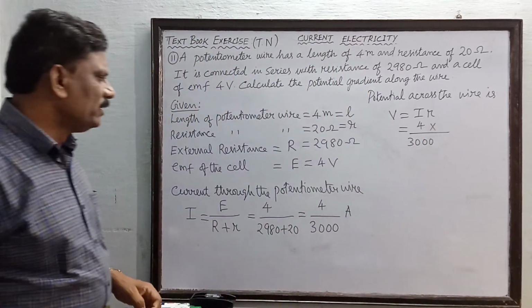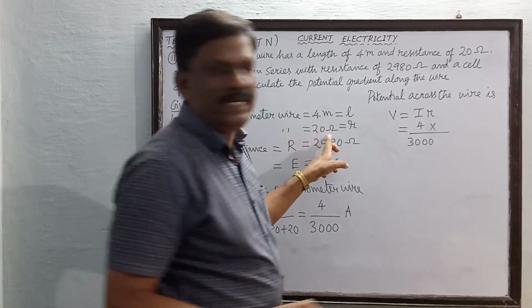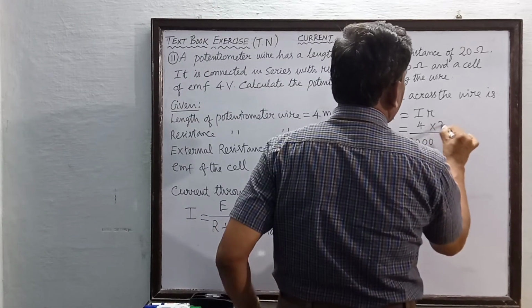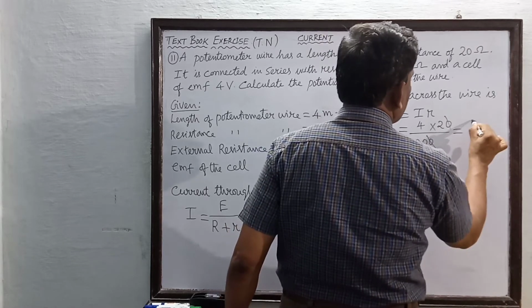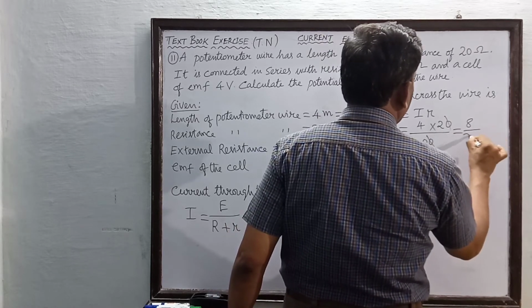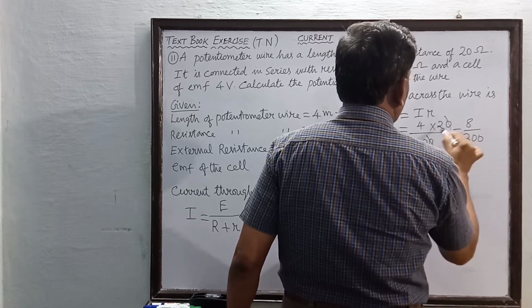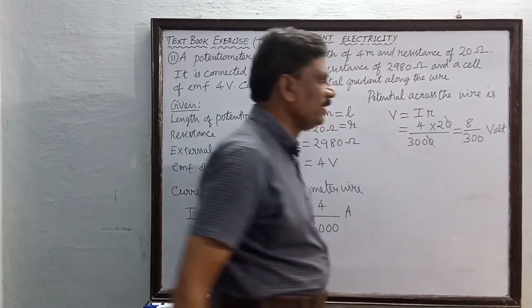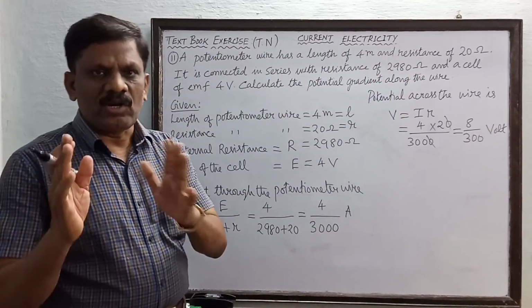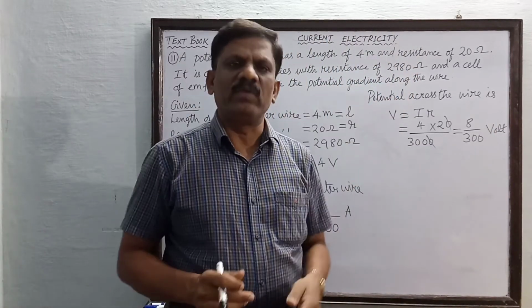So 4 into small r, small r is equal to 20, is it not? So this is equal to 20 into 20. The 0 and 0 get cancelled, so this will become 8 divided by 300. 4 2s are 8, divided by 300 volt is the unit. This is the potential drop across the entire 4 meter wire.